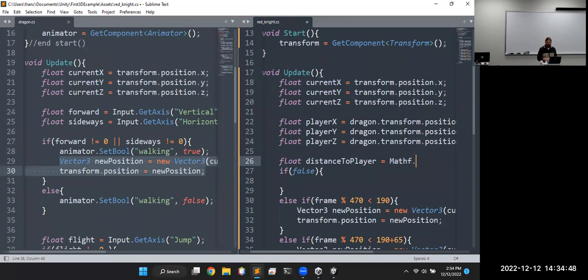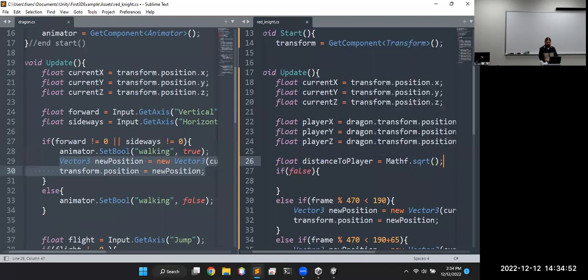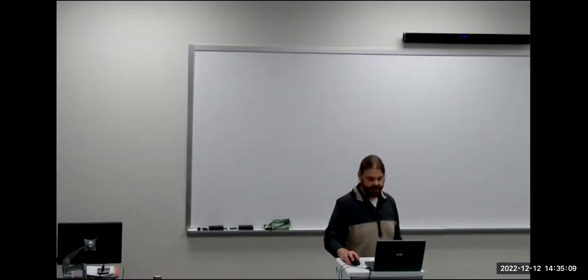So the Mathf library has a square root function. From the Pythagorean theorem, C is the square root of a squared plus b squared. And we only want the distance between them. We can get back to that picture on the board.